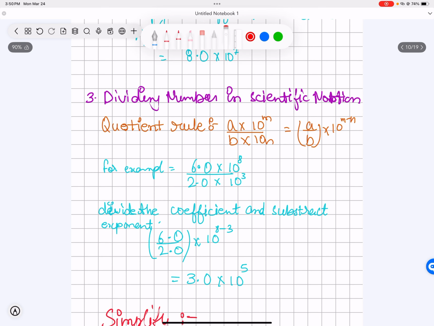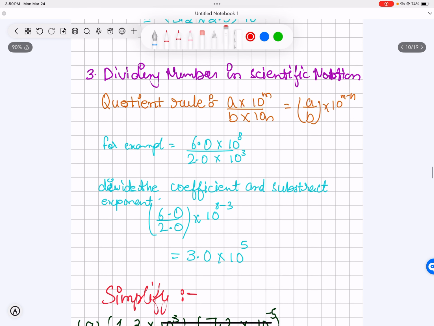If we divide, as I mentioned earlier, we subtract the exponents and divide the coefficients. For example, we have 6.0 times 10 to the power 8 and 2.0 times 10 to the power 3.